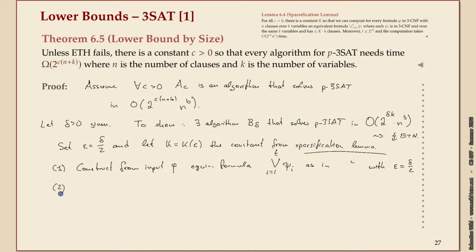Now I want to decide my original formula. I know this one's equivalent, so I'm just going to try to satisfy this equivalent formula instead. Now this is a big disjunction. If any of the psi_i is satisfiable, the whole thing is satisfied. So we call our assumed algorithm for each of the psi_i's.